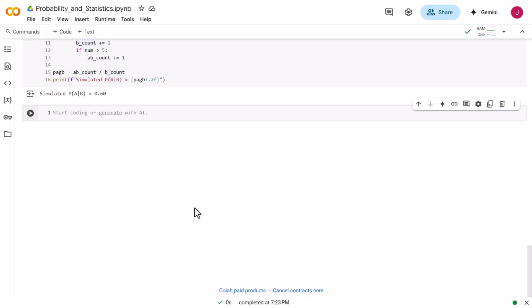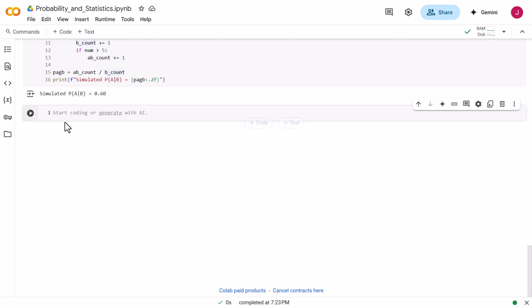Then we go for Bayes theorem with multiple conditions. The probability of an event occurring given several condition factors, by updating prior beliefs based on new evidence and their respective likelihood.